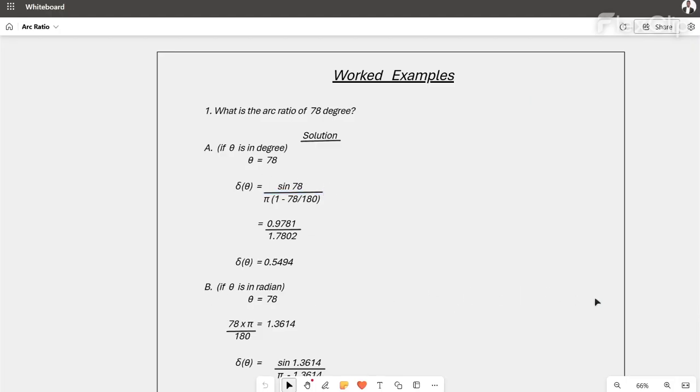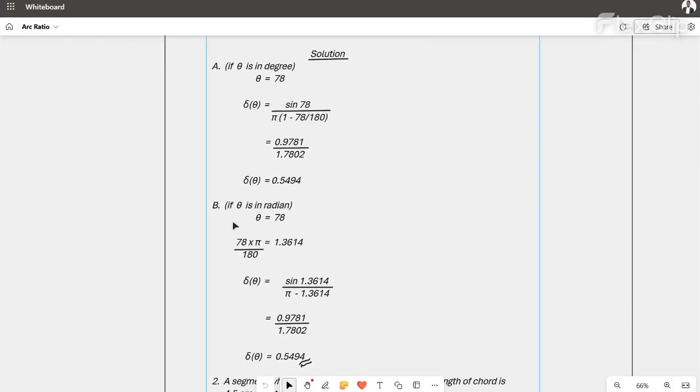Now let's use the function when theta is in radian. If theta is in radian, the first thing we will do is to convert this theta to radian. Theta is equal to 78 degree from the question. Converting this angle to radian, we say 78 times pi all over 180, which will give you 1.3614.